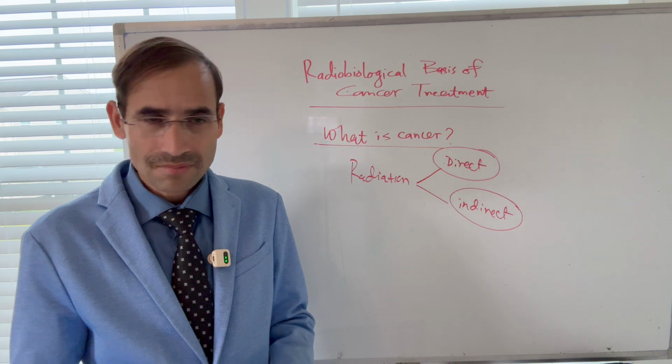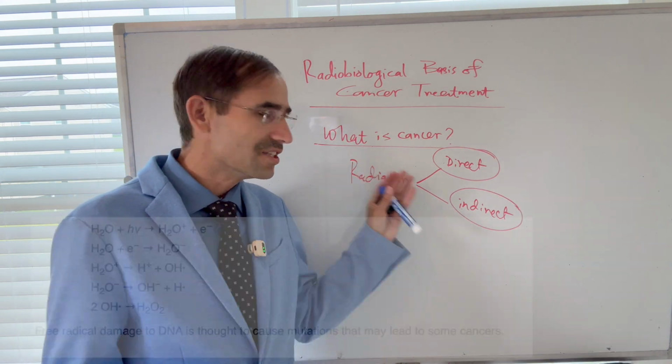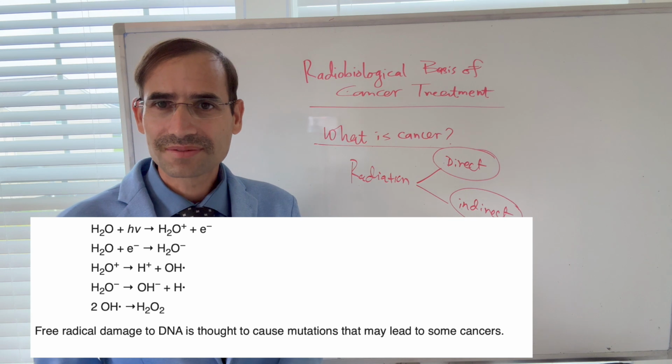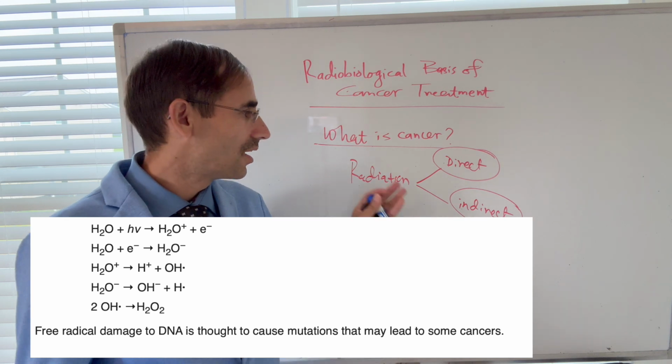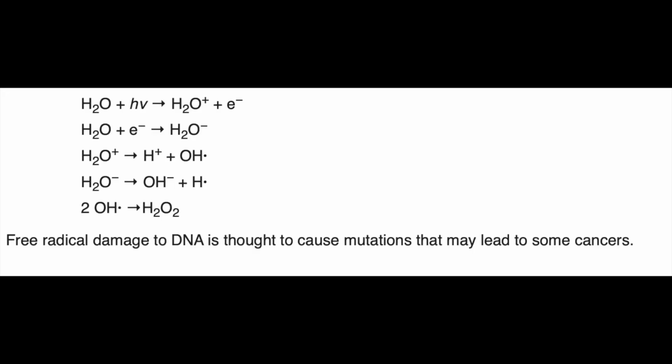But there is an indirect way to damage the DNA using radiation, and that is the formation of free radicals. Free radicals are unstable molecules, often generated inside our cells. Radiation can generate free radicals. Not only radiation, what we eat and drink also creates free radicals.